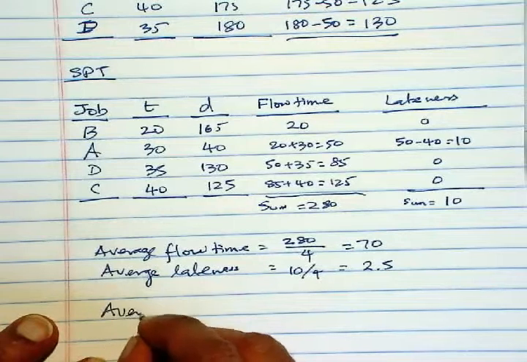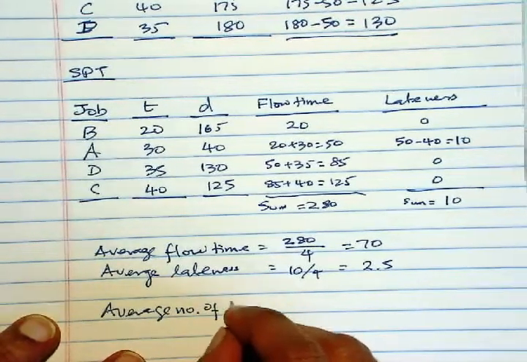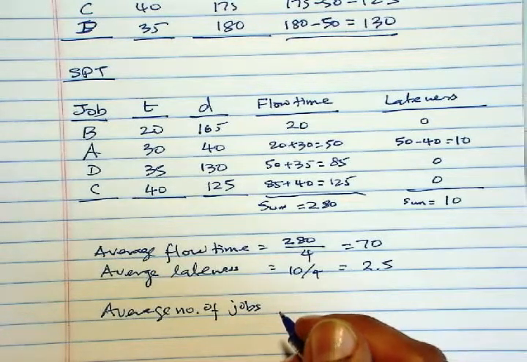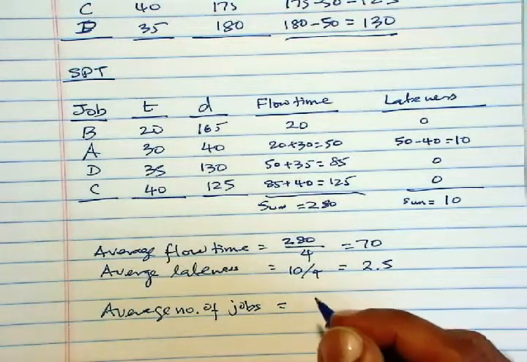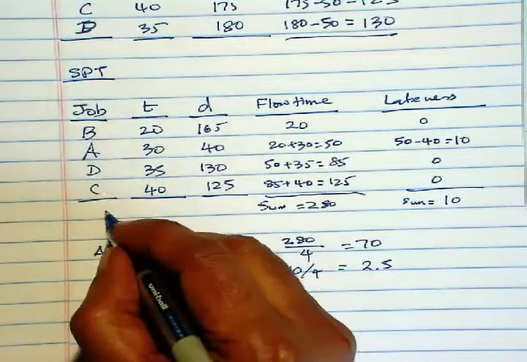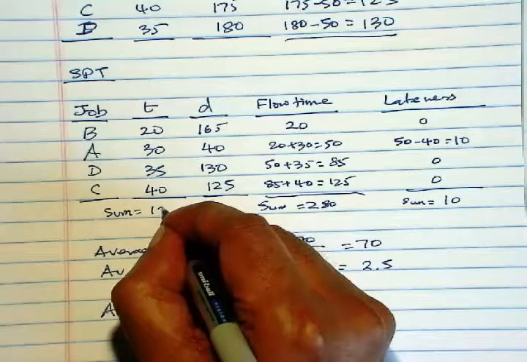Average number of jobs is, okay, so you need sum of processing time for that, which is 125.